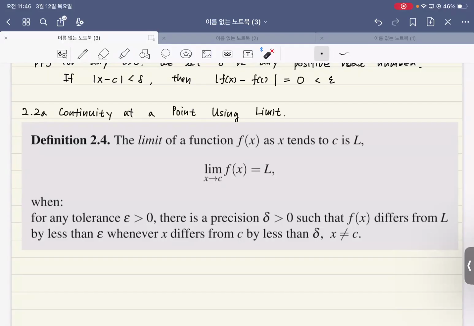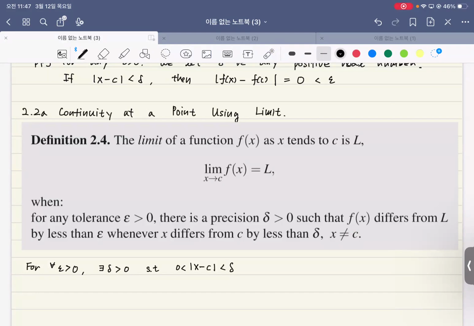Using quantifiers, I should rephrase this definition like this. For any epsilon, there is a positive delta satisfying the condition. So x minus c is less than delta. But since we do not want x to be c, the absolute value of x minus c should be strictly greater than 0.